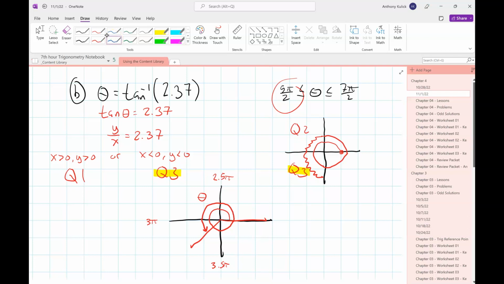I'm now going to draw my reference angle. That's my angle phi. That has to be between the x-axis and the terminal side of my angle. That means it has to be here. Is everybody okay with that?